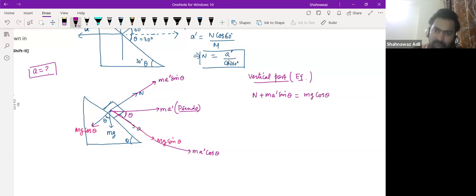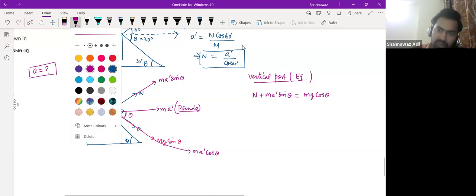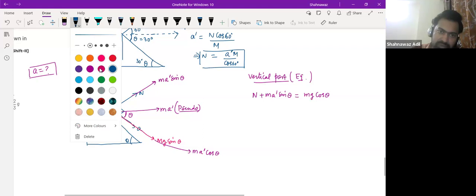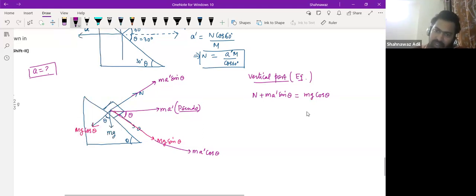And remember, where did I write? N is A prime M. So this is capital M, mass of the wedge, right? Okay, so this is the thing, and we know what this N is.